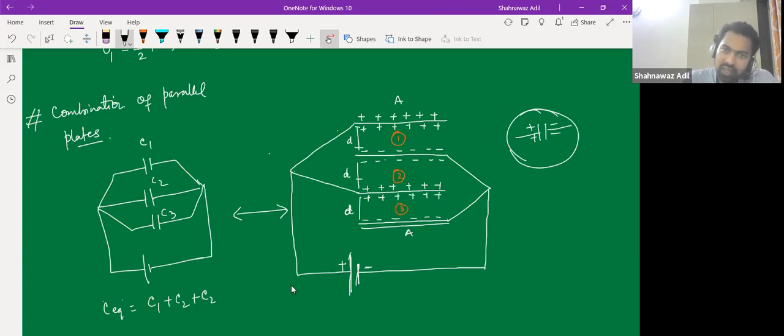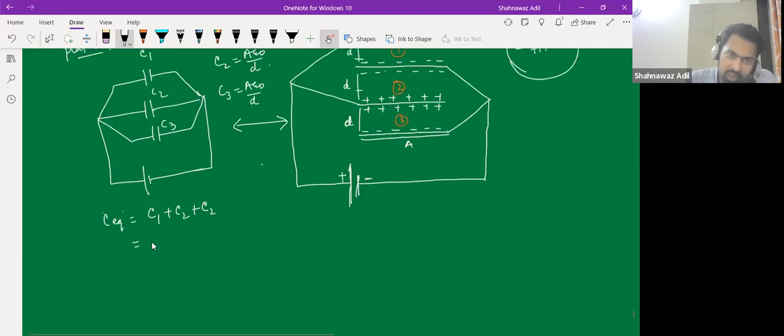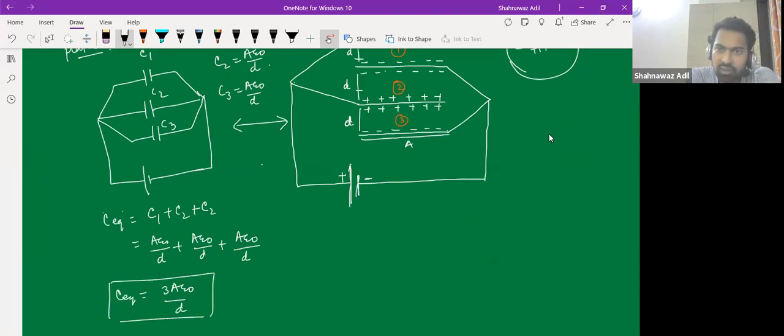C1 area is A, and the distance between the plates is D, so C1 is A epsilon naught by D. C2 is A epsilon naught by D. C3 is A epsilon naught by D. So this would be simply A epsilon naught by D plus A epsilon naught by D plus A epsilon naught by D, so 3 A epsilon naught by D. So this is the C effective. Please note it down and then we'll do the next question.